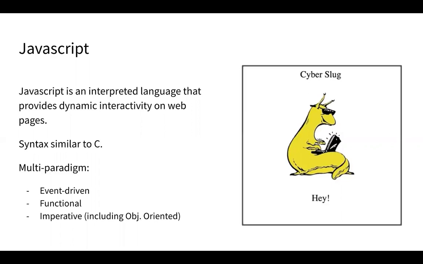And JavaScript is a multi-paradigm language. You can write applications using event-driven paradigms or functional paradigms, and also imperative paradigms, including object-oriented. So it's a very diverse language. This is both a pro and a con.